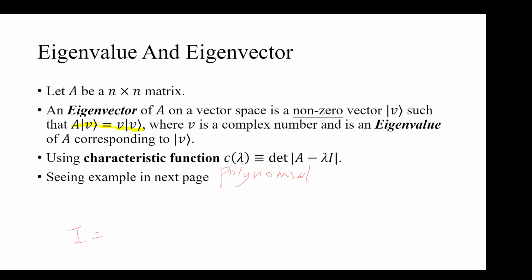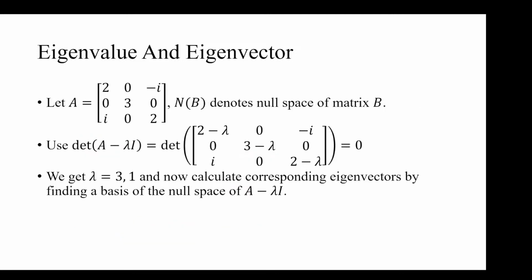So I is equal to the identity matrix. Minus lambda I just gives you minus lambda on the diagonal, because I is the identity matrix. And if you solve this equation, you will see that if you want this to be 0, then lambda equals 3 or 1.